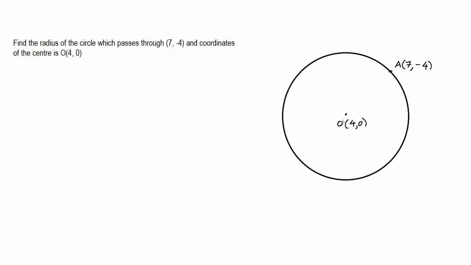So if you think about it, the radius of the circle is nothing but the distance between the center and any point on the circumference, right?